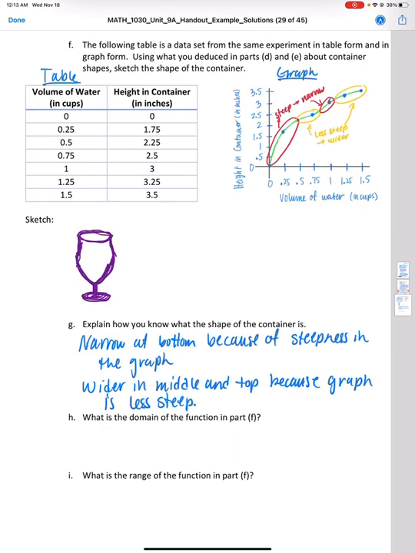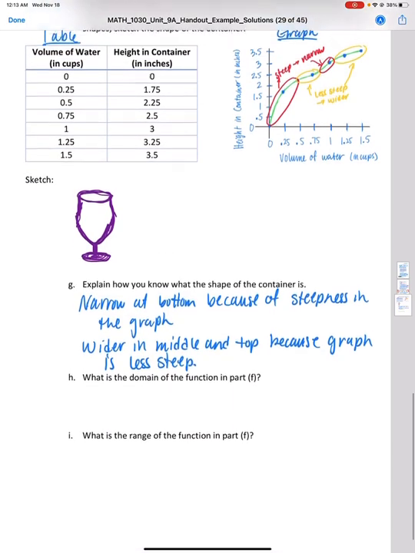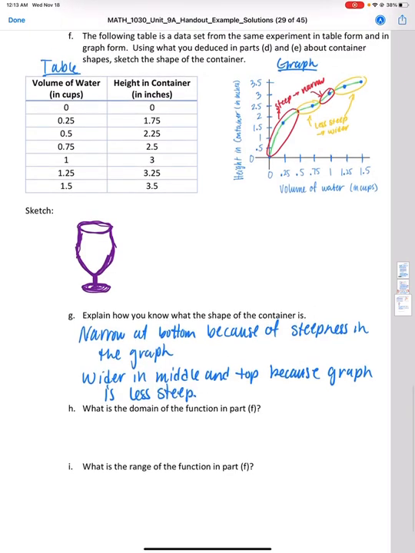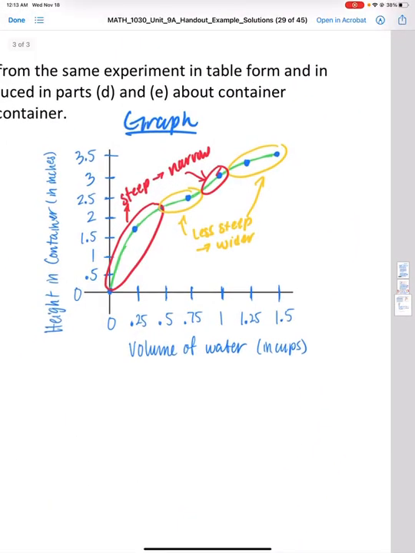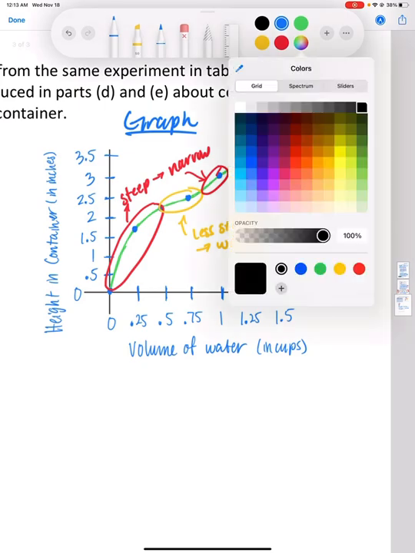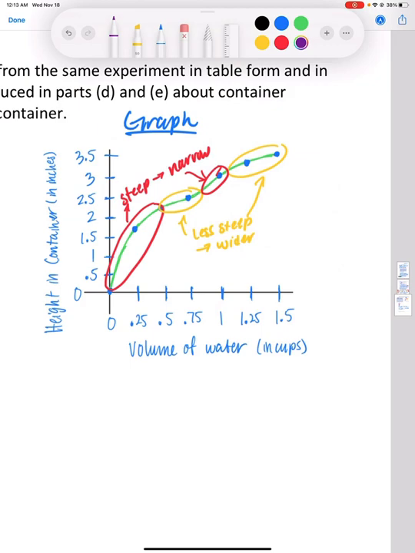Okay. All right. The last thing that we're going to look at is domain and range, just to help review that. What is the domain of the function? What is the range? So let's go ahead and zoom in on our graph again. And I'll use purple here to indicate the domain and range. So it starts at 0 for a domain. Domain is how much the data spans the x-axis. And so I have data points all the way until 1.5 cups. Okay, this again was the domain.